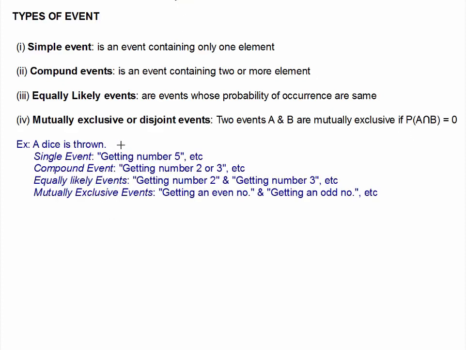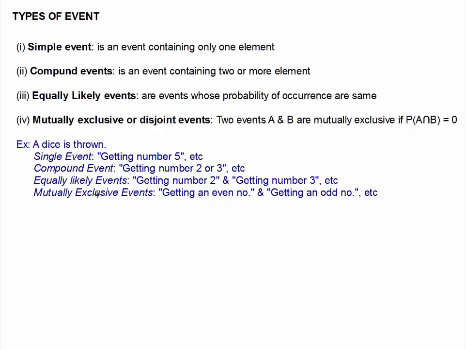So let's say we throw a dice. A simple event can be getting a number 5 because it will have only one element, which is 5. An example of compound event is getting a number 2 or 3. Now this event has two elements, which are 2 and 3.